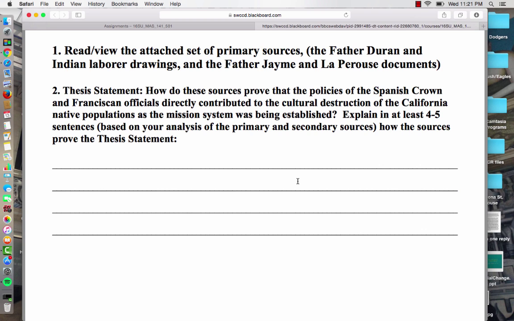So your job then is to prove that that statement is true, and to do that, tell me in at least 4 to 5 sentences how that statement is true. To do that, you're to analyze, that is, comment on any of the four sources that I showed you.